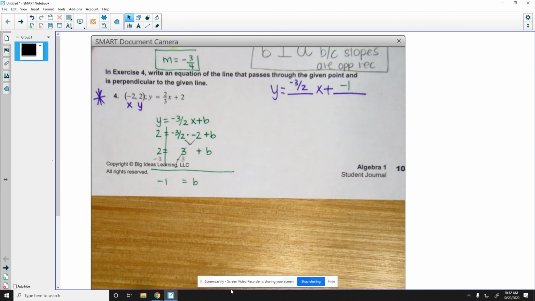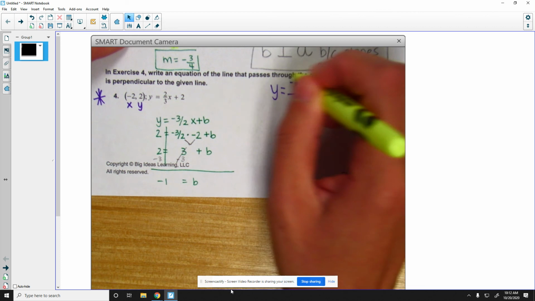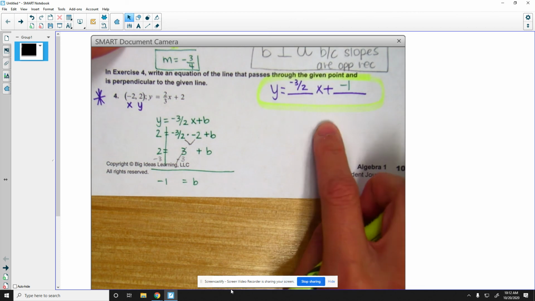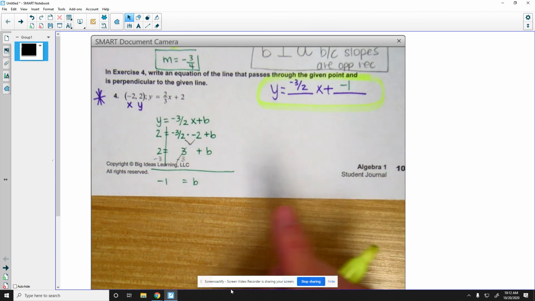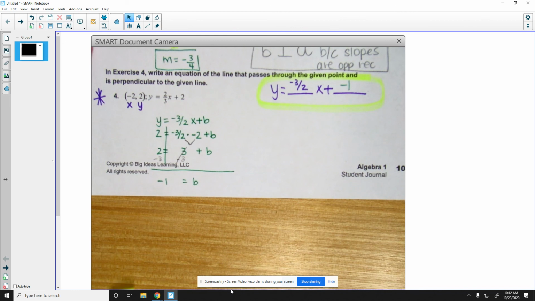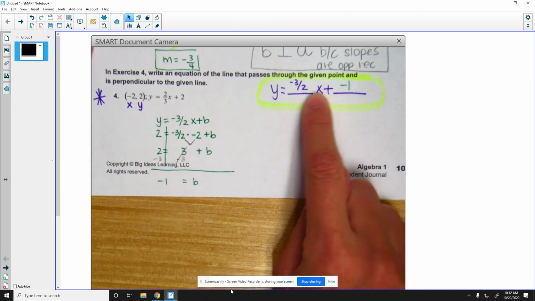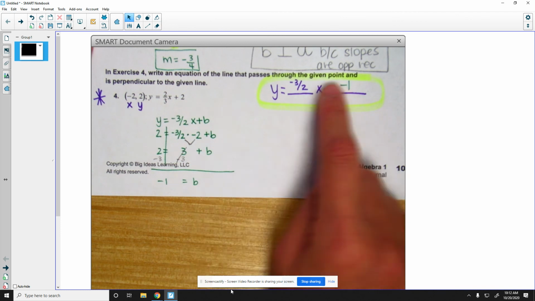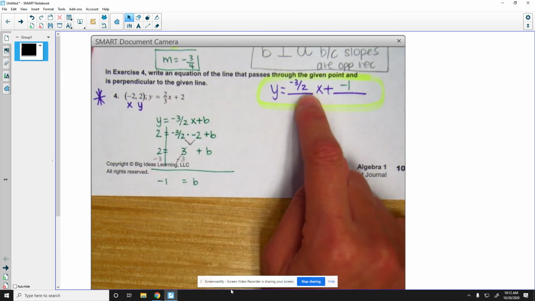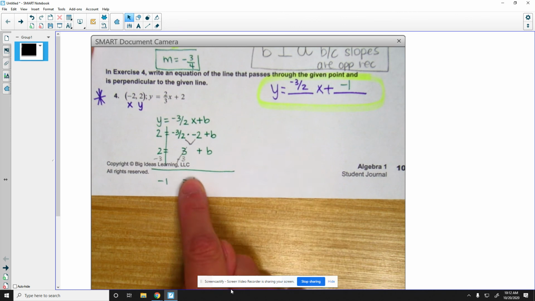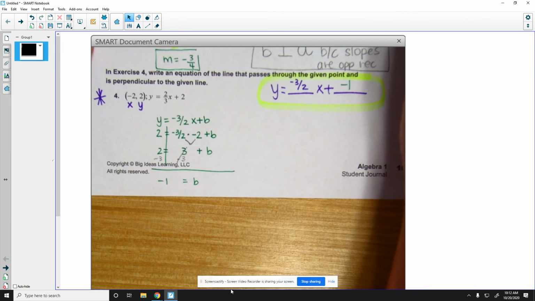That's my answer. So kids every year think that this is the hardest question because I think the directions are just like, what do I do? But if you read it carefully, just change your slope because it had to be perpendicular. If it said to make it parallel, then you would keep the slope the same, right? And then take your X and Y to solve for B and boom, that's your answer.